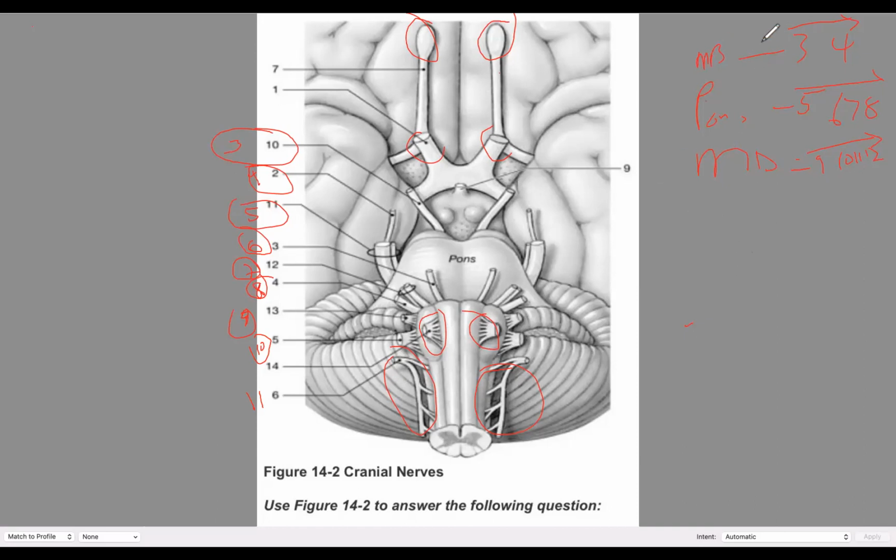So another thing that we have to include here is, I was saying move from medial to lateral, right?